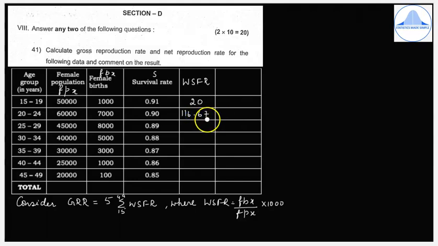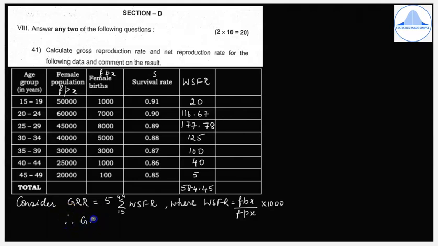I'm taking 2 places after the decimal after rounding off. Similarly, next is 177.78. Then you get 125, 100, 40 and 5. So when we calculate summation WSFR, we will get 584.45. So let us write the answer now.